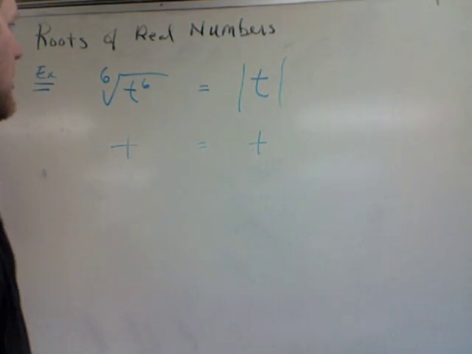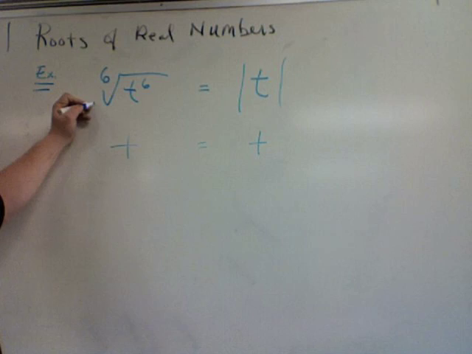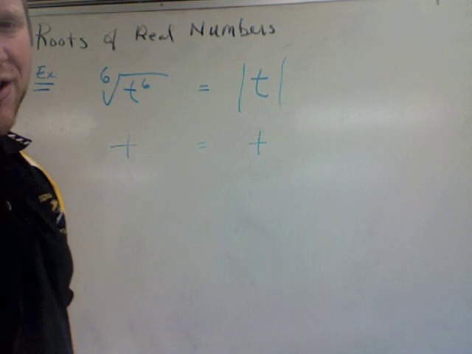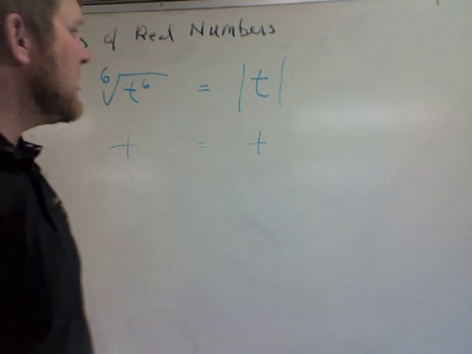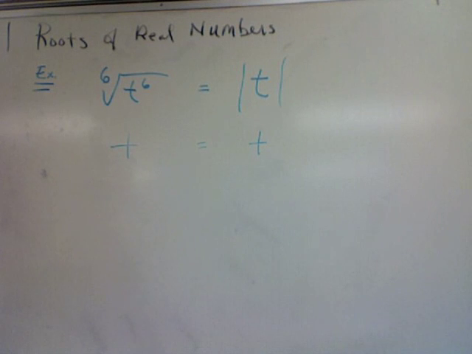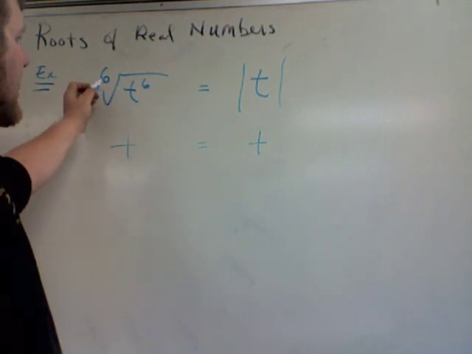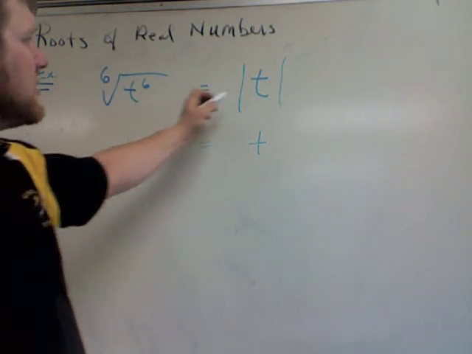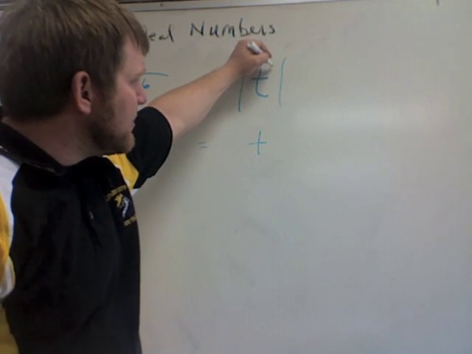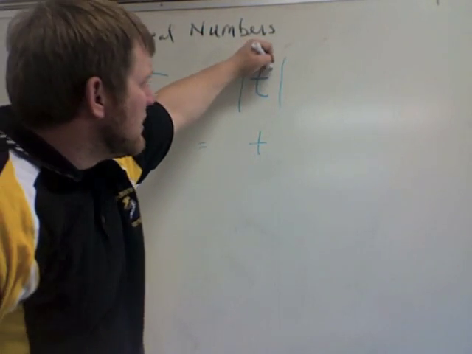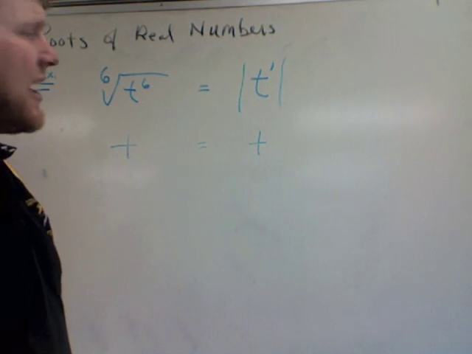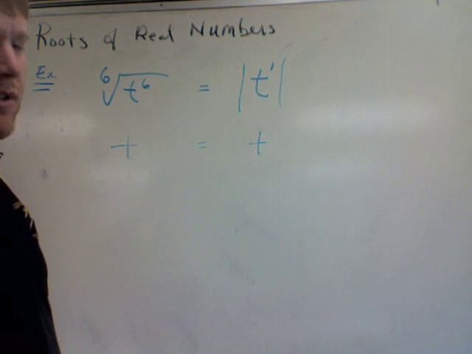So my answer for this problem is not just t, it's the absolute value of t, and that's pretty important. Again, the rule is if you take the nth root of an even power, and the result is an odd power, which this is because it's t to the 1st, then you've got to include absolute value symbols around that. That's a must.